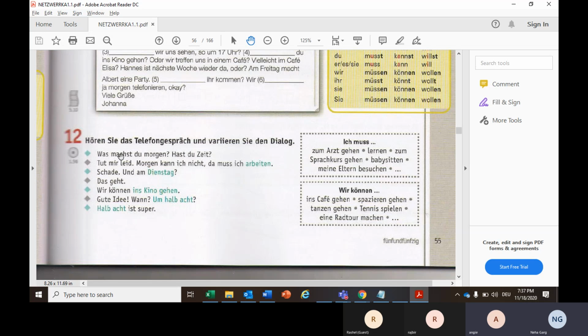Rajbir, was machst du morgen? Hast du Zeit? Tut mir leid. Morgen kann ich nicht. Da muss ich lernen. Schade. Und am Freitag?